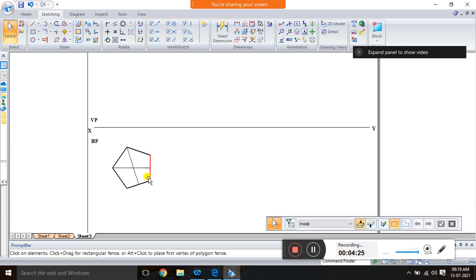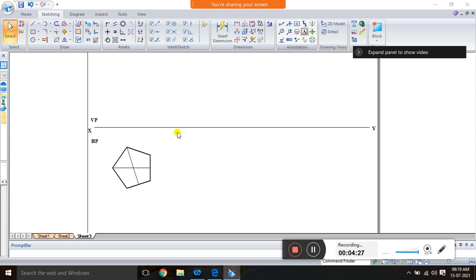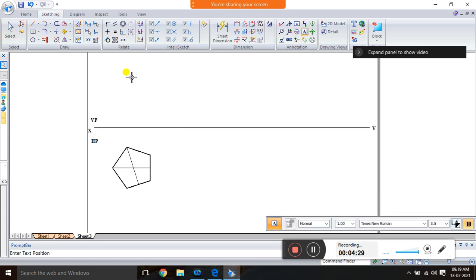For that you have to use the bisectors, any two bisectors like this, so that it gives the center for that pentagon. And afterwards, since it's a prism, it has two faces, one top face and bottom face. So always A is visible, A1 is not visible, B is visible, B1 is not visible, C visible, C1 not visible, D visible, D1 not visible, and E visible, E1 not visible.